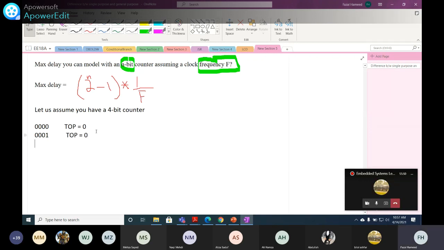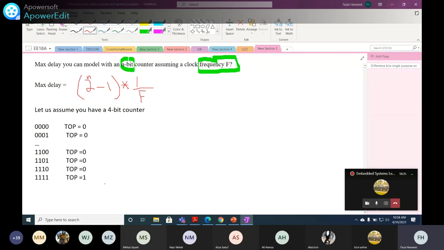It will go on, then 1 0 1 1, 0 0, 1 1 0 1, 1 1 1 0, then 1 1 1 1. It means that the value of top will then become 1. Top means that now the counter has reached its maximum value.